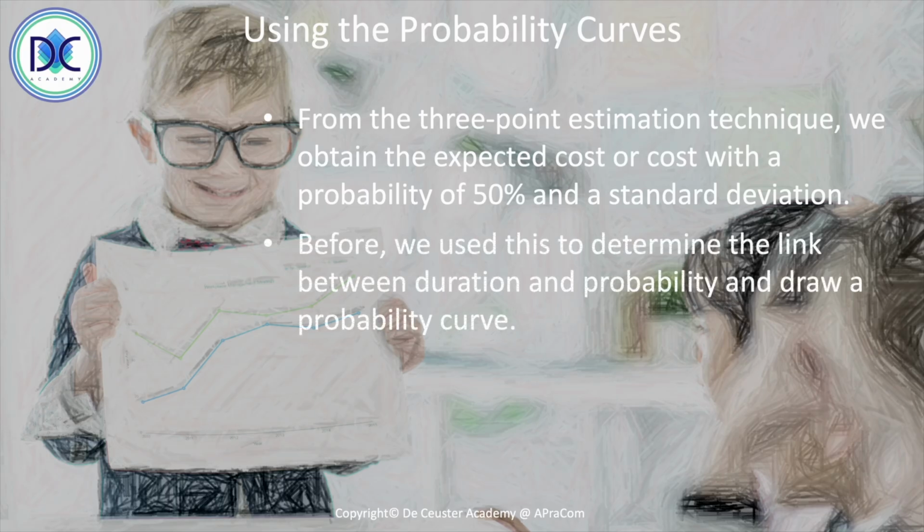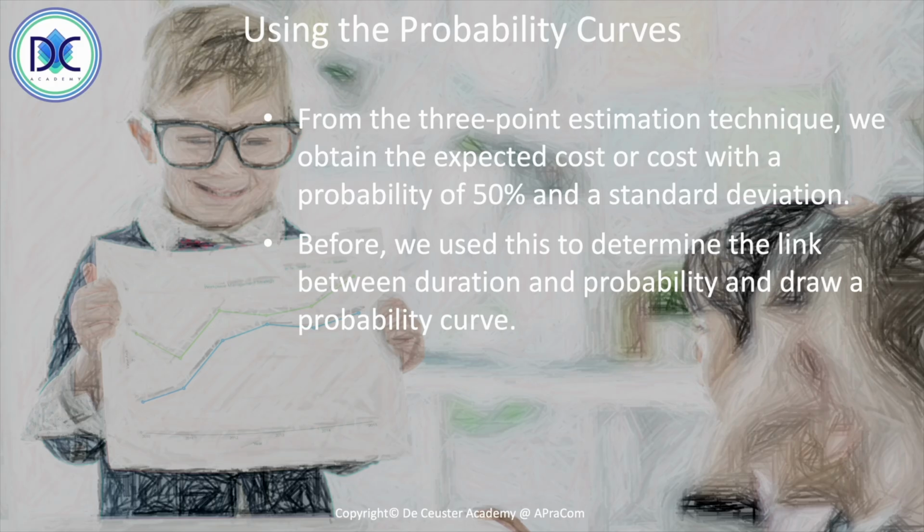Now, when we look at the different elements, we have used this information to draw a probability curve. And the probability curve is a link between the duration and probability.